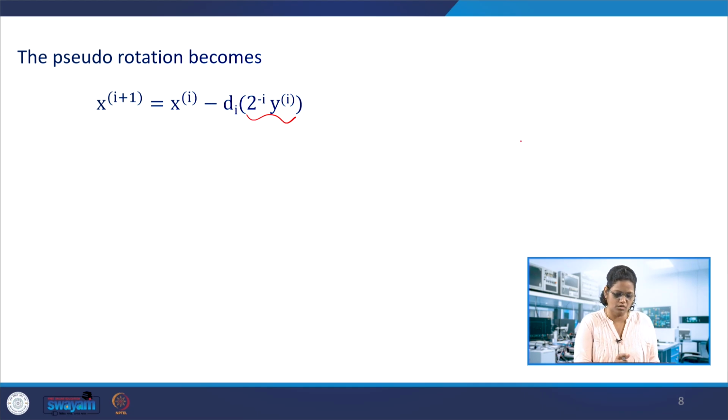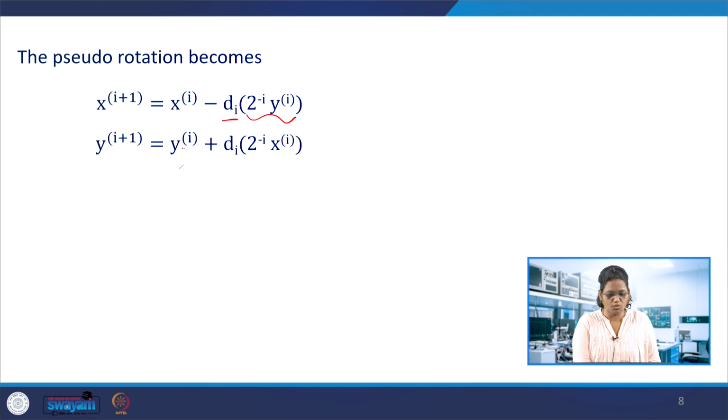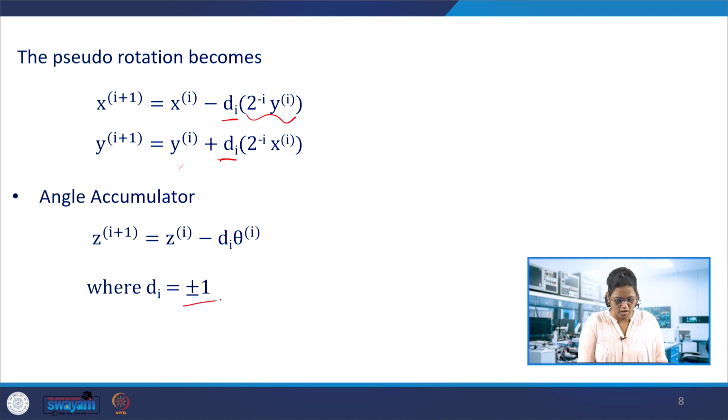To make it general, we have 2 power minus I multiplied by y of i, in which di says how we rotate from one step to the next, whether it is a positive rotation or a negative rotation, that is, whether the vector should go anti-clockwise or clockwise. Similarly yi plus 1 equals yi plus di 2 power minus I xi. These two equations we obtain with di plus or minus 1, deciding which direction it rotates.